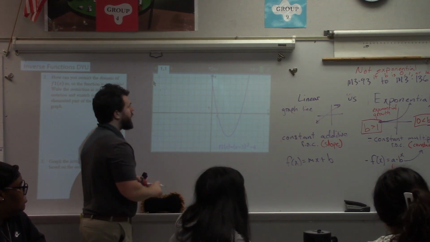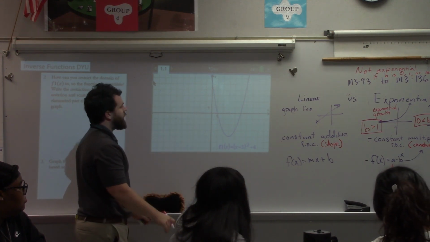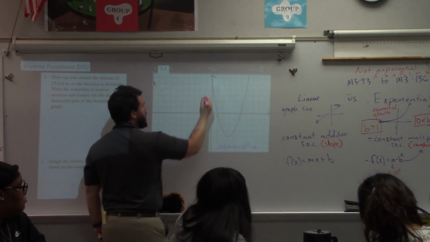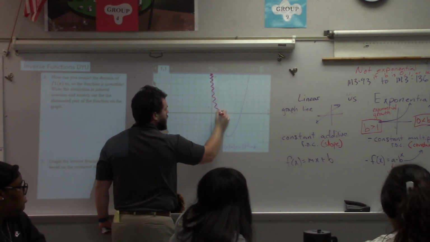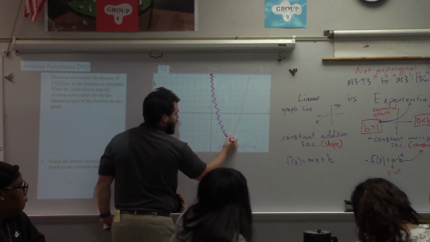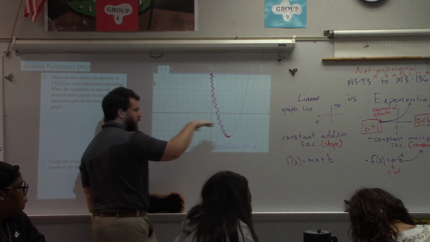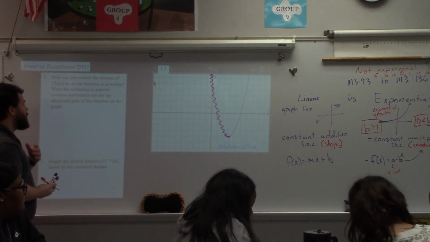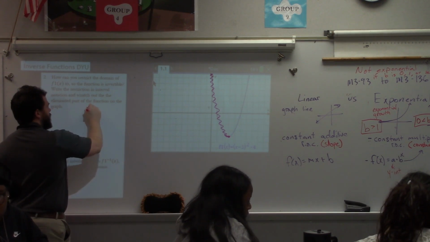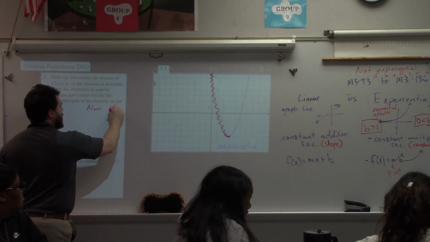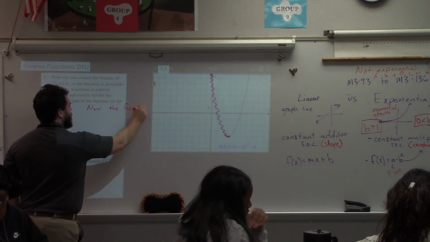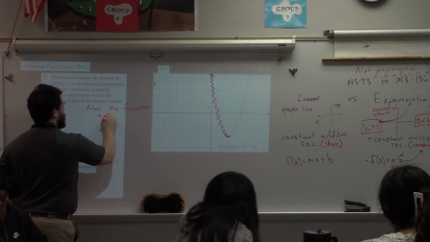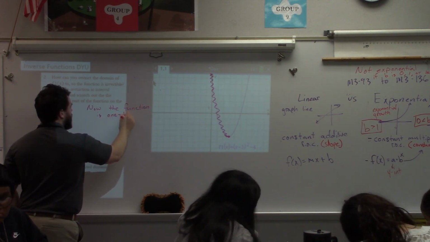So where am I going to scratch out this graph to make it invertible? The left side all the way to where? The vertex, right? Now, does it pass the vertical or the horizontal line test so that it's 1 to 1? Yes. Okay. So now the function is 1 to 1.